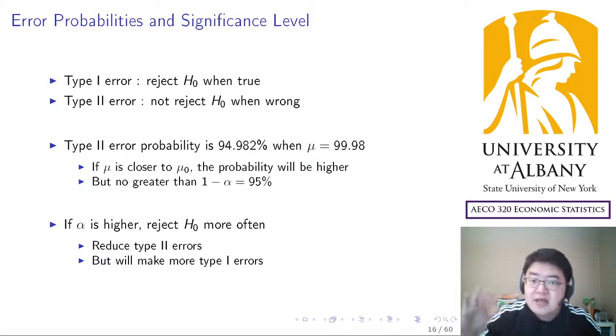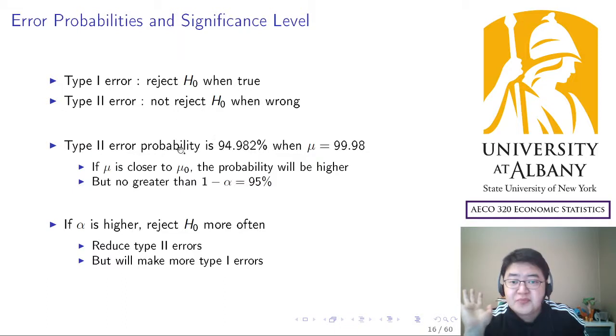But the type 2 error probability will be reduced because you are rejecting more. So there is a lower chance of not rejecting H0, so a lower chance of type 2 error. That's how it works. However, type 2 error cannot be greater than 1 minus alpha.